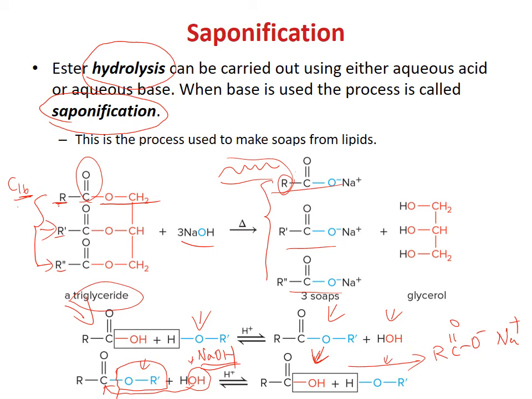But the other part, this carboxylate part, likes water, so it's hydrophilic. So the same molecule has 2 parts. One likes water, one dislikes water, and it's a soap molecule. So a glyceride saponification reaction gives 3 soap molecules.